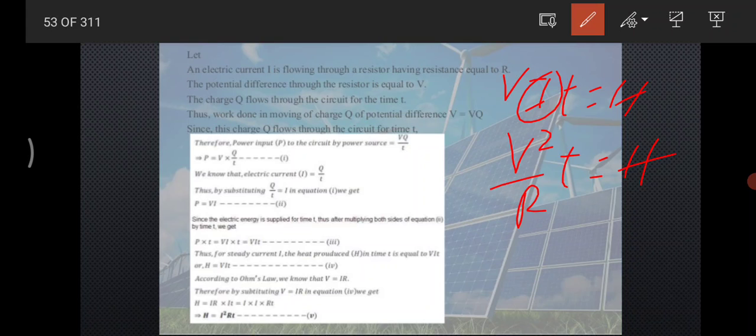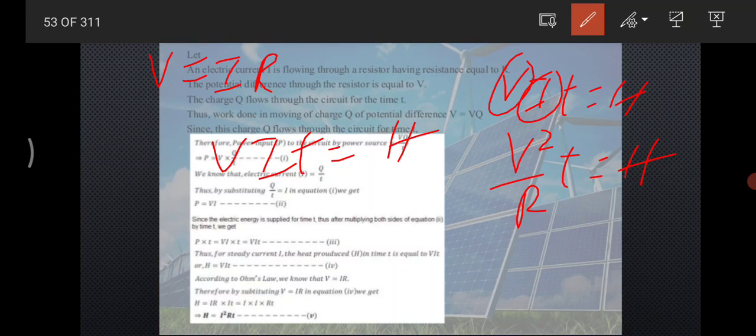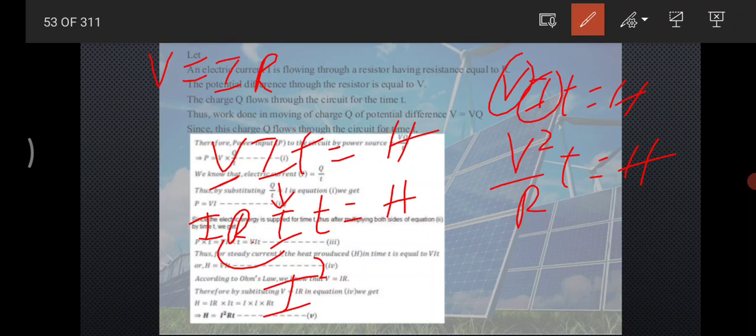Now we will replace V by IR, because V equals IR by Ohm's law. In VIT, in place of V we put IR, I we keep as it is, and T as it is. Now I into I becomes I square, and R and T are left, which gives heat.